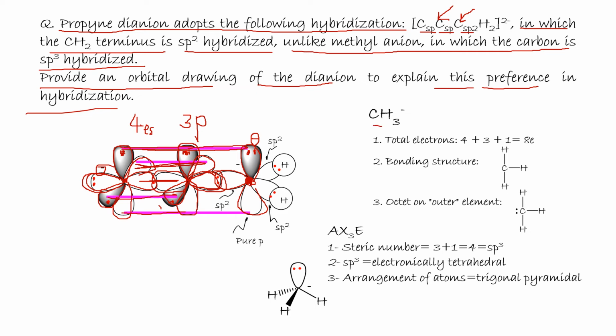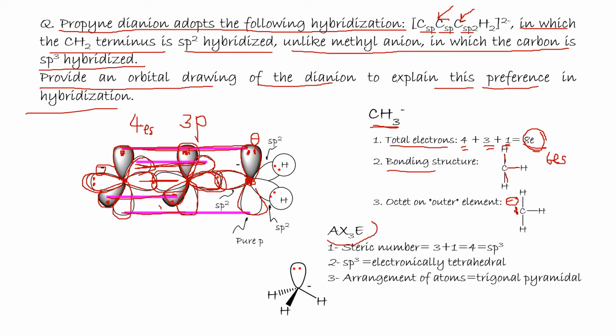For the CH3 anion, we have a total of 4 electrons on carbon, 3 on hydrogen, and 1 for the charge. So we have 8 electrons. Bonding: carbon, bond, bond, bond. So we used 6 electrons, but we have 8. So we give these 2 electrons to carbon, and this will be negative.